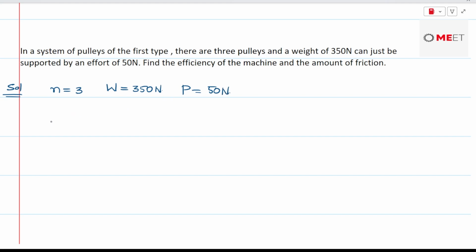So for this case, the expression for velocity ratio, that is VR, is equal to 2 to the power of n, that is 2 to the power of 3, so this will be equal to 8.